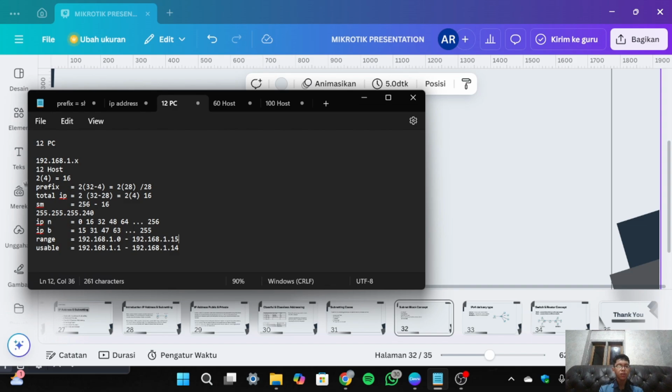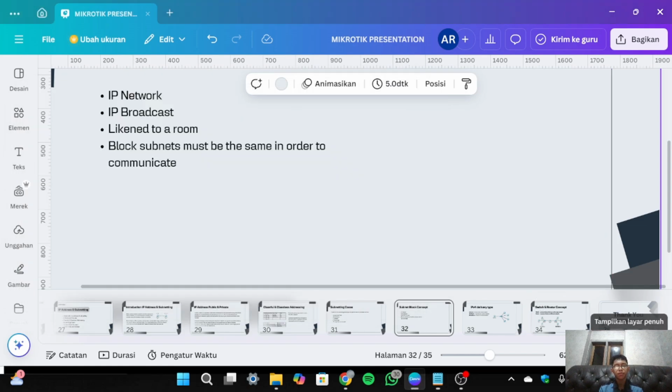But if you want to communicate with another block, for example IP network 32 and IP broadcast 47, you cannot communicate with them because they are in a different subnet block.